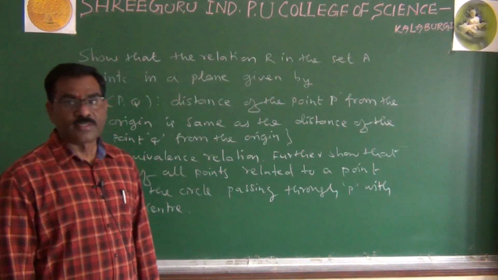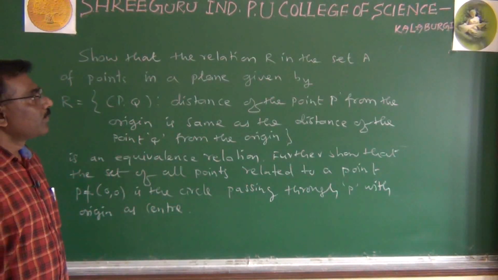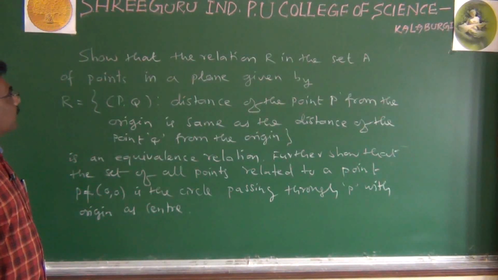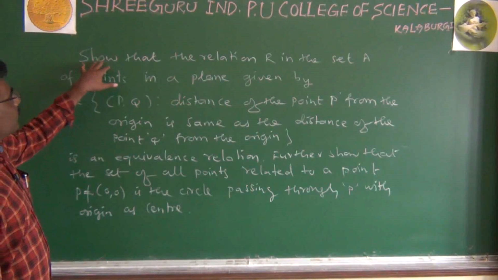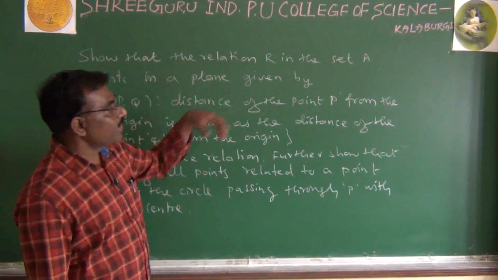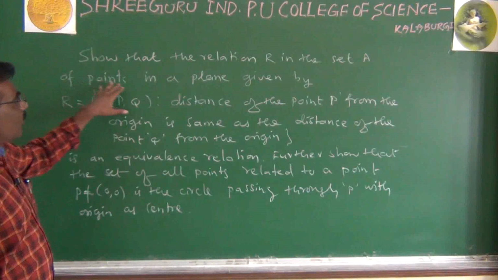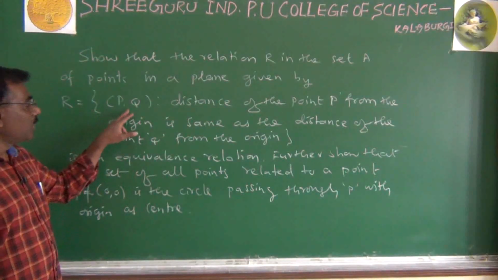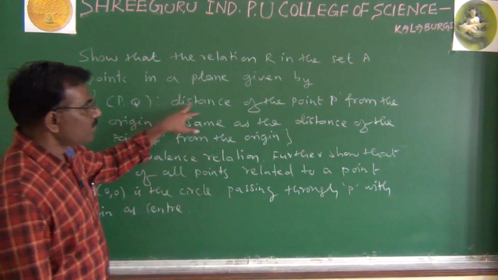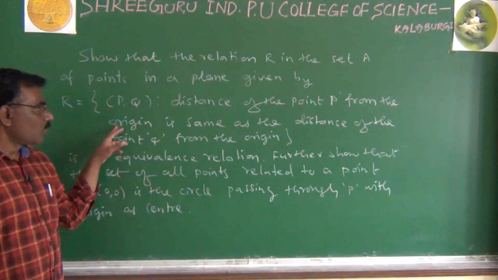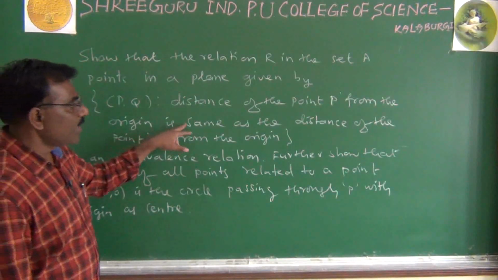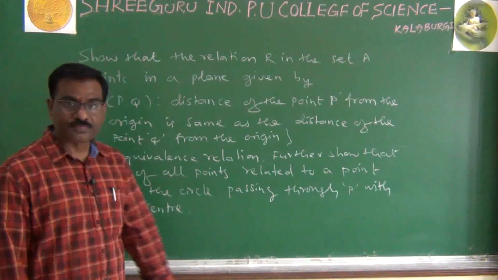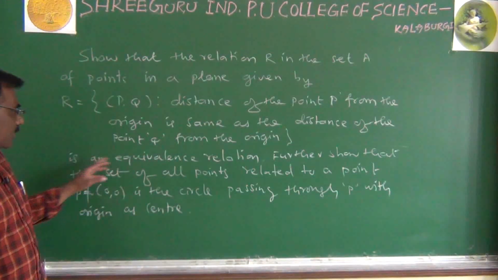Today we will continue the relations. So the next problem: show that the relation R in the set A of points in a plane given by R equal to {(P, Q): distance of the point P from origin is same as the distance of the point Q from the origin} is an equivalence relation.